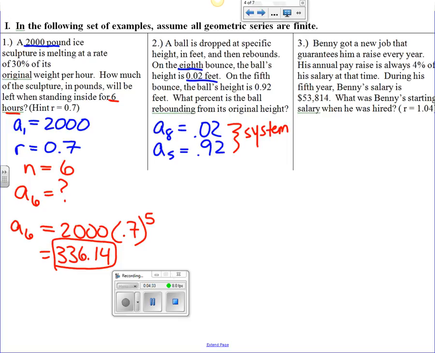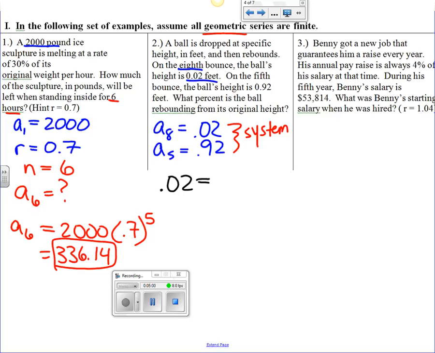Remember that we're doing geometric, so I'm going to use this top formula right here. Okay, and I'm going to make 2 equations. Okay. What do we think is going to go in for AN first? 0.02. Let's go ahead and plug in 0.02. 0.02 equals, do I know A1?